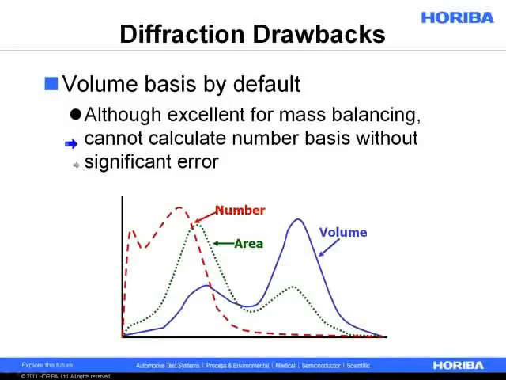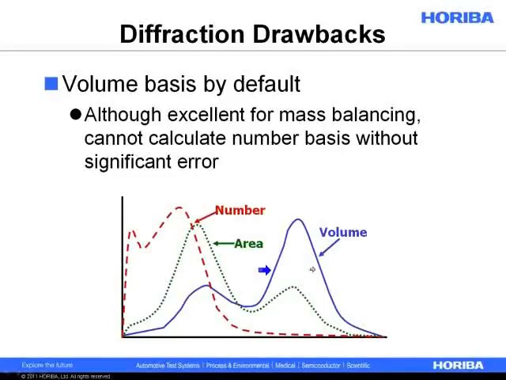So if you're comparing this to some sort of SEM result or TEM result or even optical microscopy, where it is definitely a number basis because you're looking at each individual particle, a lot of times the results won't match up. The main difference is that when you look at something on a volume basis, it tends to emphasize or weight the largest particles, because this is just diameter that we're measuring, so one dimension.